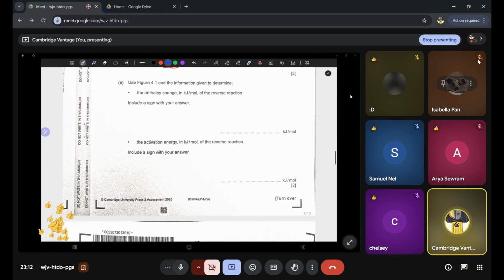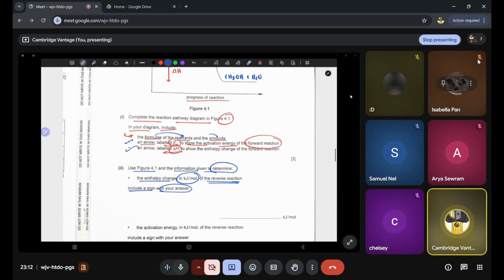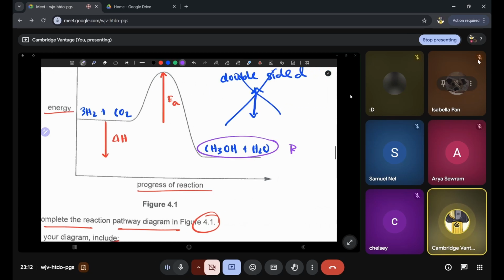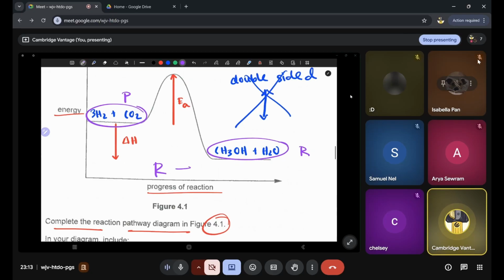Okay, thank you. Use figure 4.1 and the information given to determine the enthalpy change in kilojoule per mole of the reverse reaction. Include a sign with your answer. So it's asking for the enthalpy change of the reverse reaction. For the reverse reaction, just remember that now the products become the reactants and the initial reactants are now products. And for enthalpy change, the rule is always go from reactants to products. So from reactants to products is just this arrow.